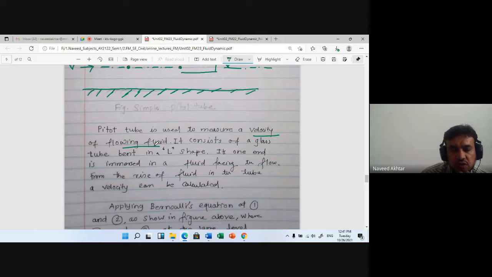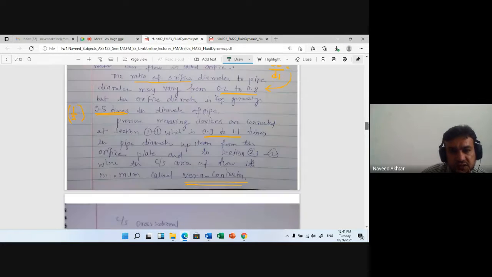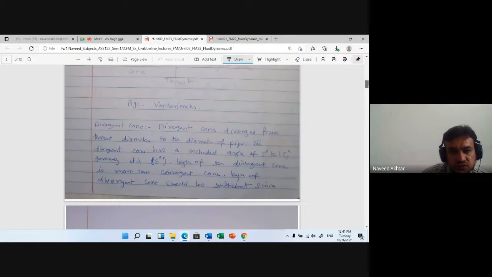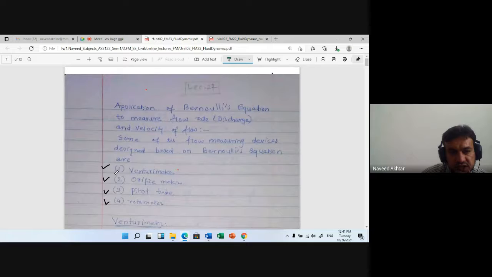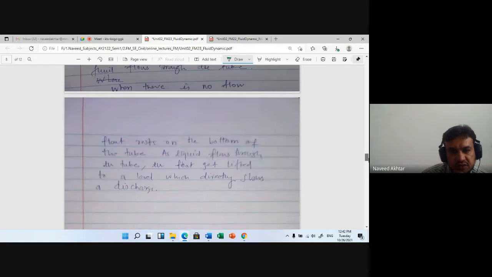I will come back to my earlier point: the venturimeter, orifice meter, and rotameter are measuring the discharge, and this pitot tube is measuring the velocity. Now we are looking at the pitot tube.